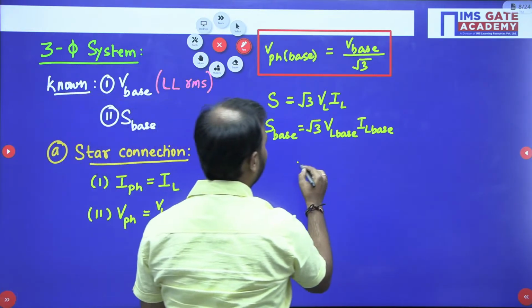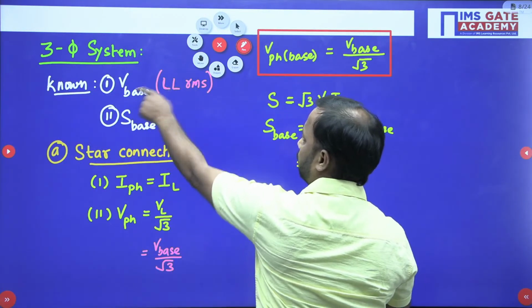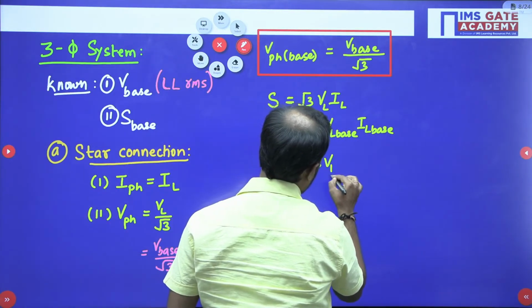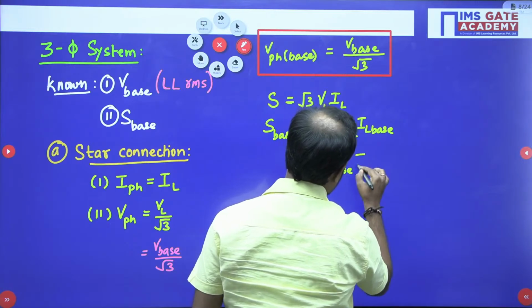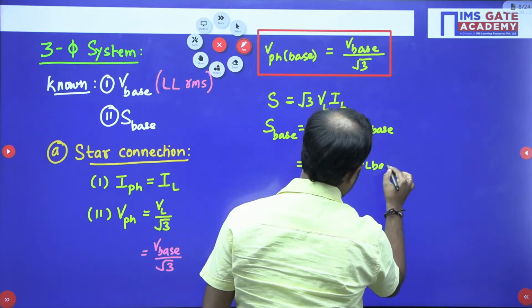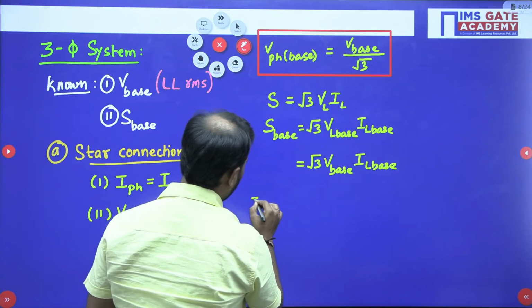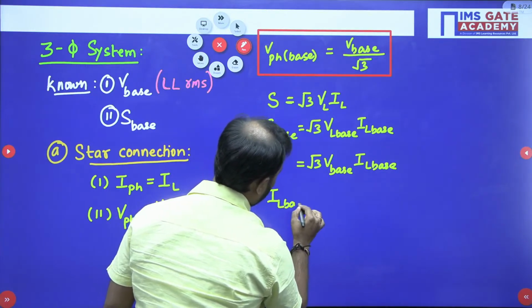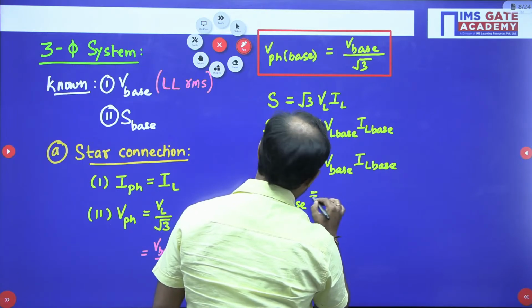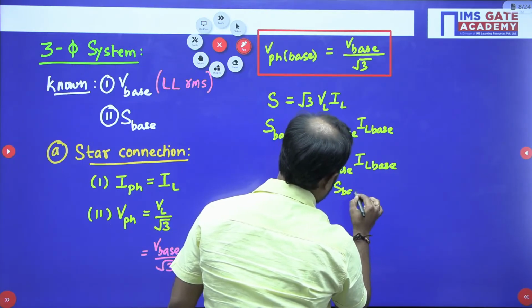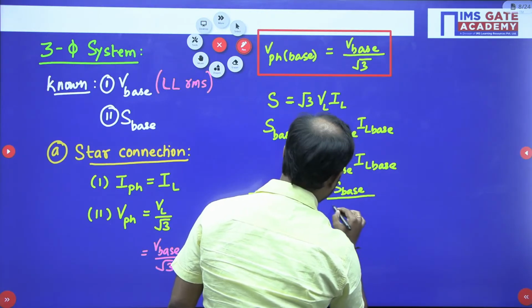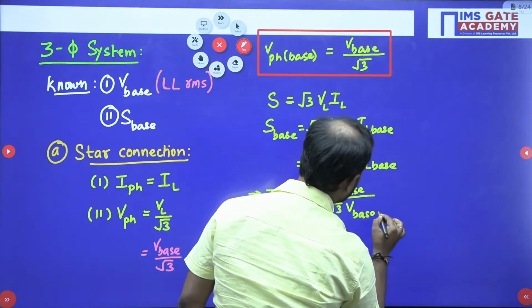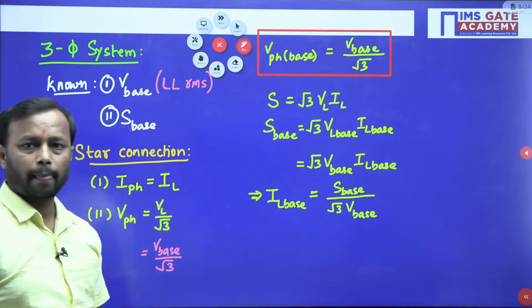Now VL base we have written as V base. This is your VL base. So root 3 V base into IL base. So from here I can write IL base as equal to S base divided by root 3 times of V base. Any doubt?